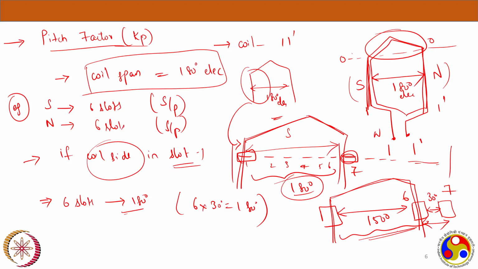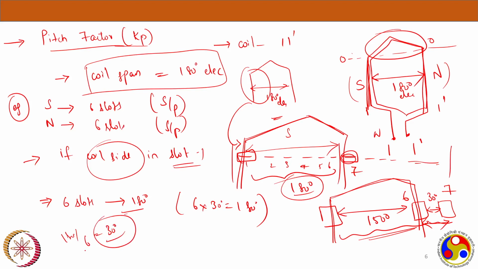Whenever this kind of line comes up in a numerical, you just have to quickly relate to how much angle it has been short pitched. How will you calculate it? If it is one slot, each slot is how much angle? 180 degrees divided by 6 slots is 30.